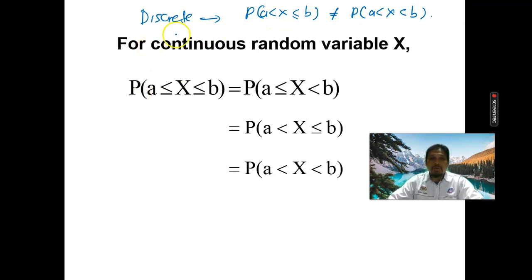But for continuous random variables, we just measure the height, distance, length, or volume. So for a continuous random variable, no matter whether it is greater than or equal, or less than or equal, or greater than and less than, we consider all of these the same.